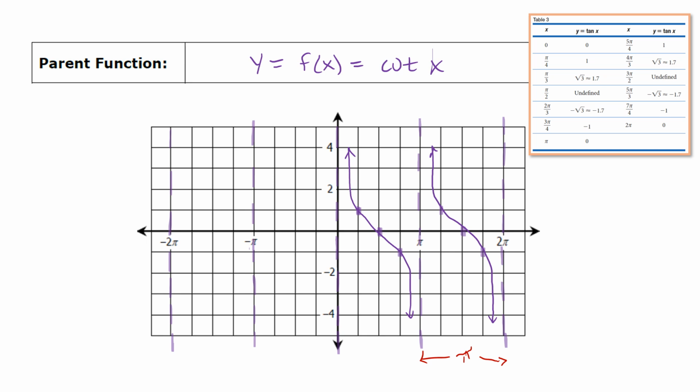Okay, and then we'll start at negative 1 for negative pi over 4, 0, 1, asymptote, negative 1, 0, 1, asymptote. Then we can graph or connect our dots. And there we go.